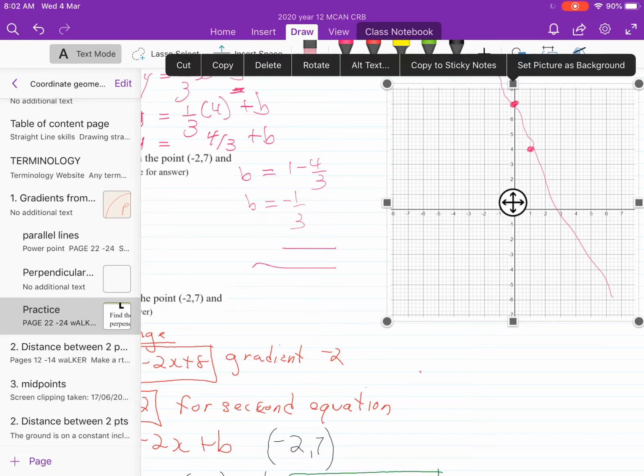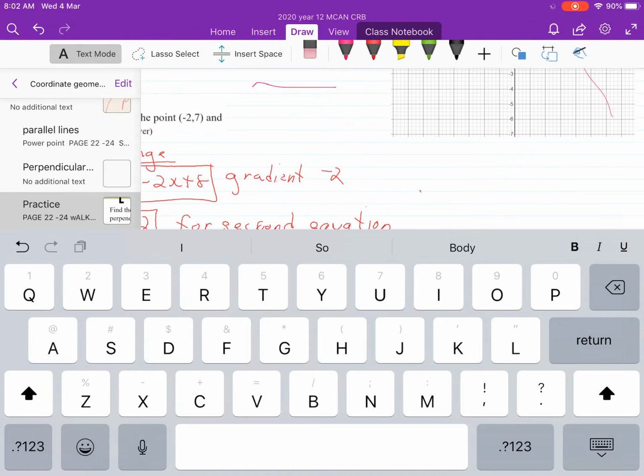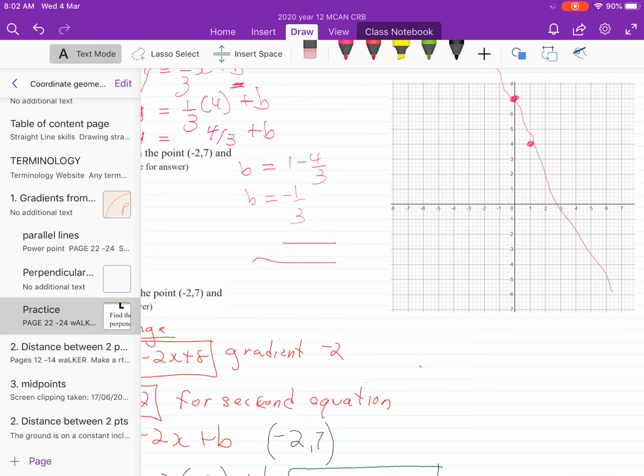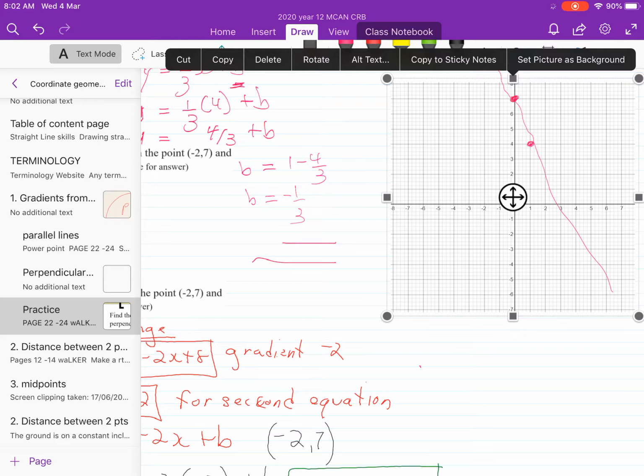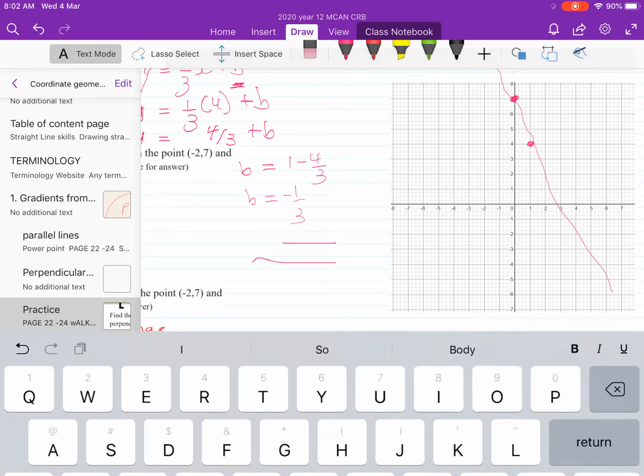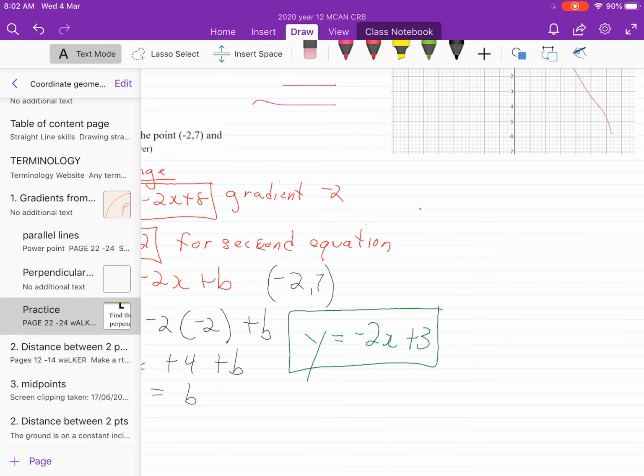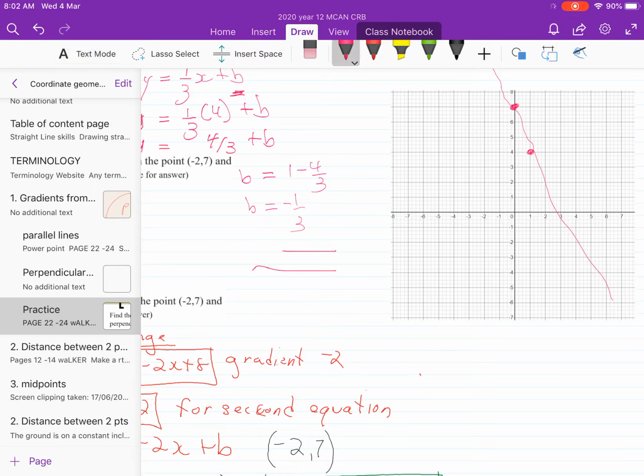So it's going to be somewhere in here, negative 1/3, and then you go down 1 and over 3, so it's going to be somewhat like this.